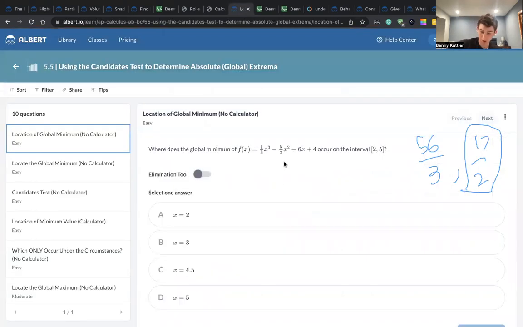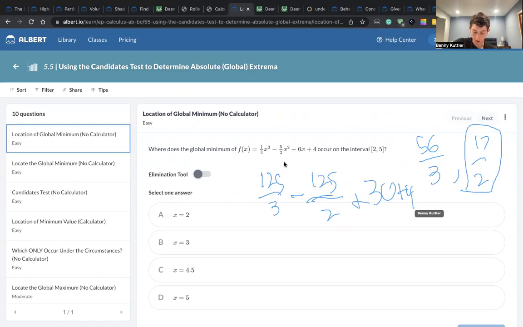So to plug in our endpoint, we'll plug in 5. So 5 to the third is 125, over 3, minus 25 times 5 over 2, which is 125 over 2, plus 6 times 5, 30, plus 4.